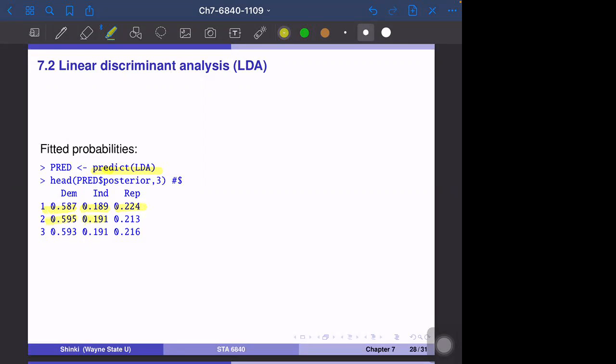You can see that these probabilities are similar to the results of the multinomial logit model. Basically the multinomial logit model is also a linear model, so we are also making a linear discrimination. These two models are very similar and we get very similar results.